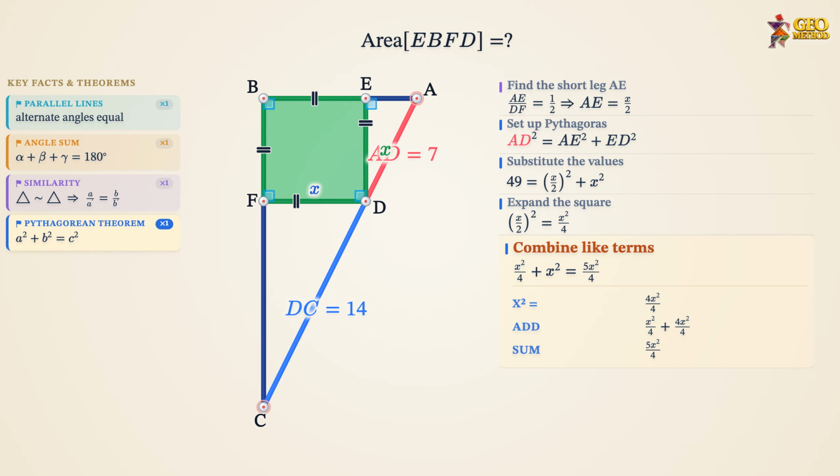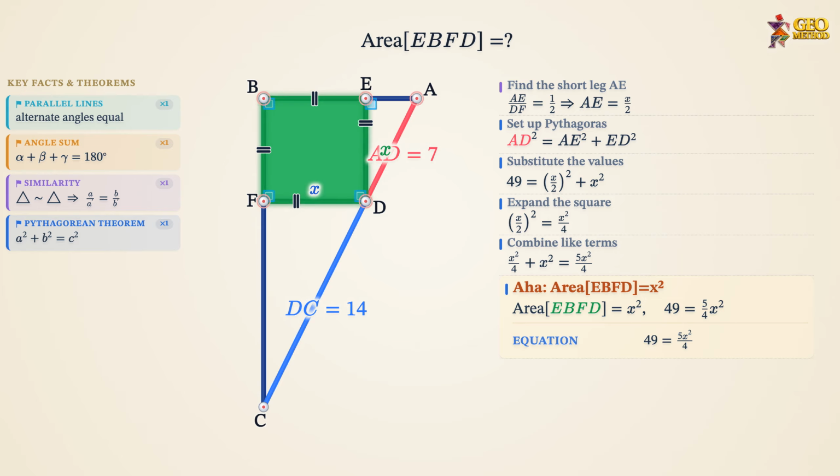Write the lone X squared as 4/4 of X squared, so the two terms share a denominator. 1/4 plus 4/4 makes 5/4, so the right side collapses to 5/4 of X squared. Aha! We do not need to solve for the side X and then square it again. The equation already gives the square area X squared directly, so the next step can read off the target without an unnecessary square root.